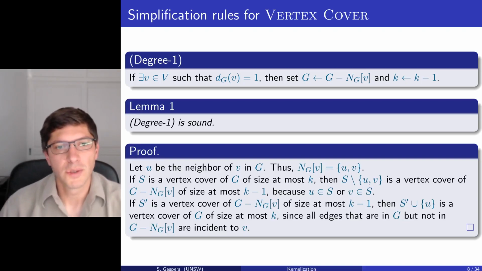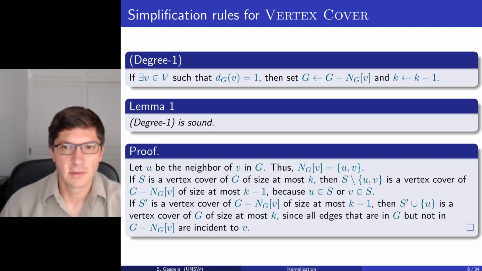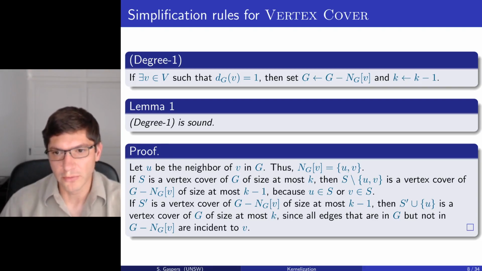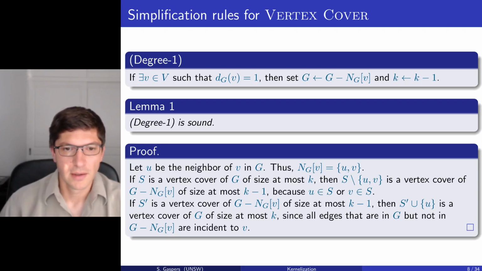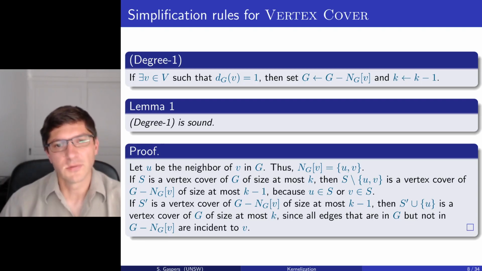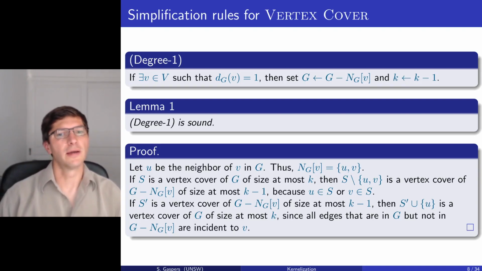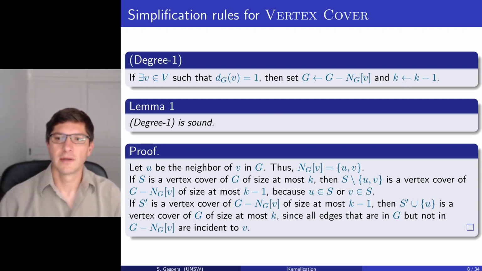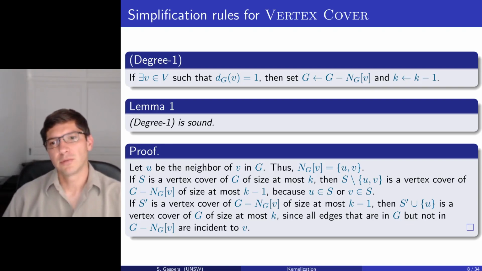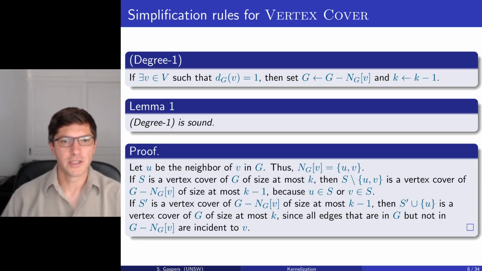Okay, so to show that the degree 1 rule is sound, if U is the neighbor of V in G, then of course the closed neighborhood of V is U and V. Now, if S is a vertex cover of G of size at most K, so if the input is a yes instance, then after removing U and V from S, we get a vertex cover of the graph G minus the closed neighborhood of V, and it has size at most K minus 1.